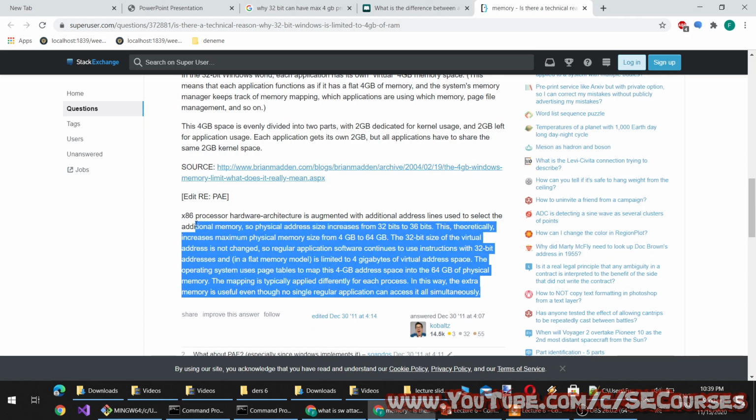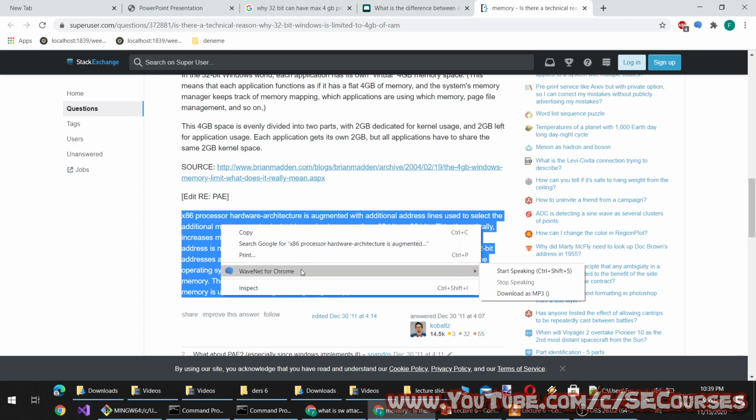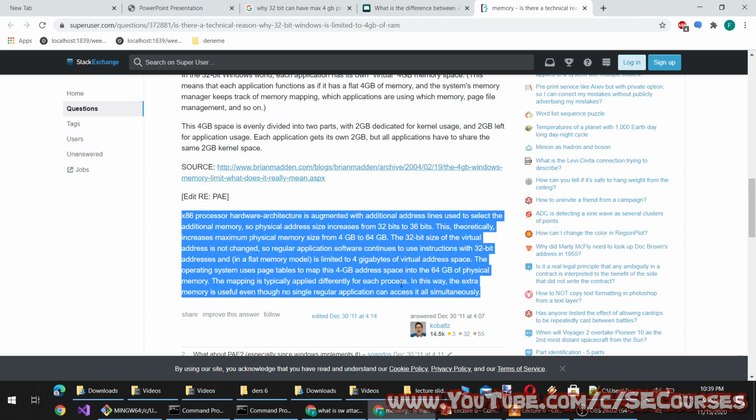Okay, there is some more information. x86 processor hardware architecture is augmented with additional address lines used to select the additional memory, so physical address size increases from 32 bits to 36 bits. This, theoretically, increases maximum physical memory size from 4 gigabytes to 64 gigabytes.